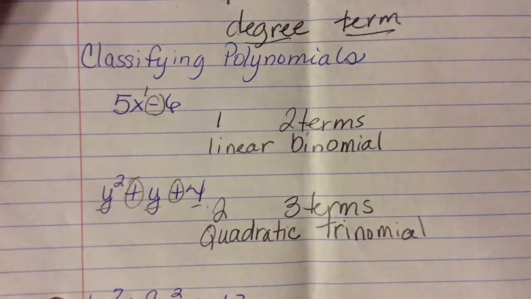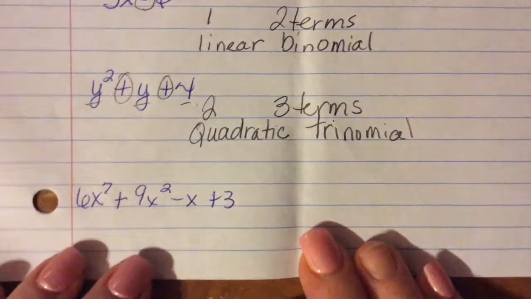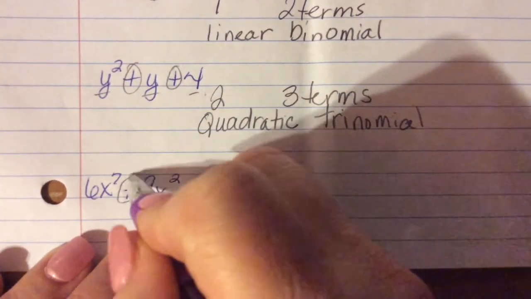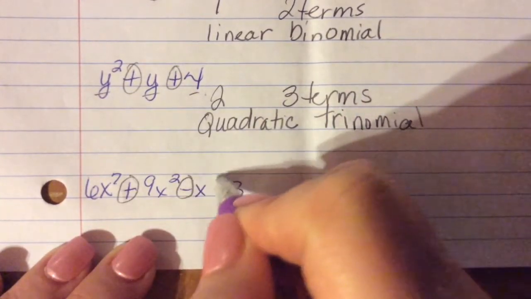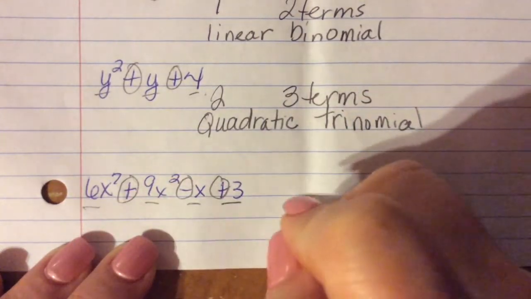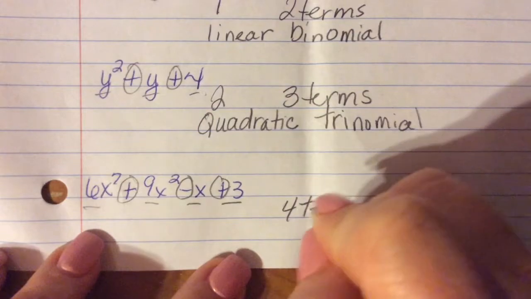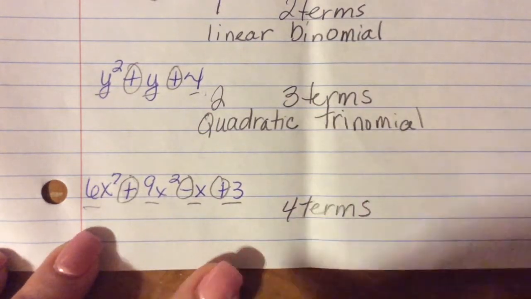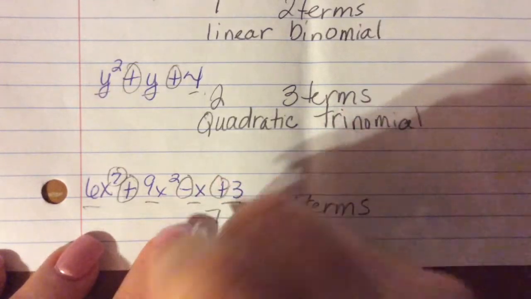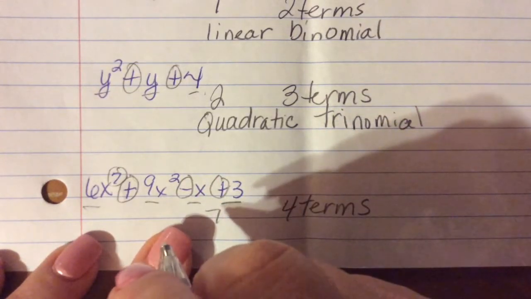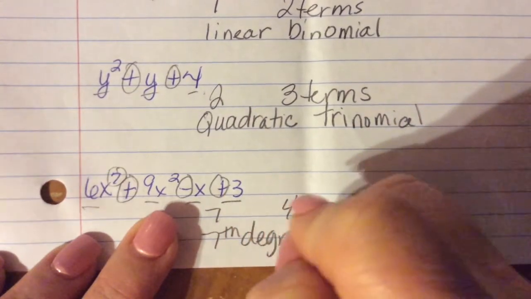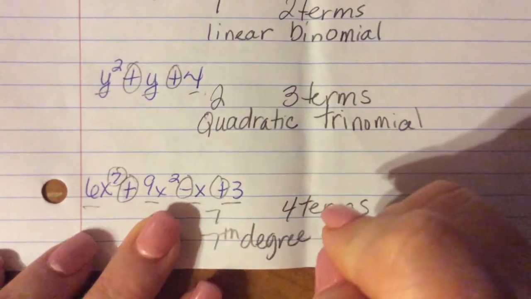Okay. Let's look at one more. Okay. Once again, see how many terms you got. I have 3 operations, 4 terms. Highest degree is 7th. And there's no name for a 7th. So it's the 7th degree polynomial.